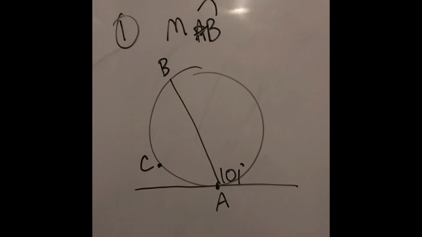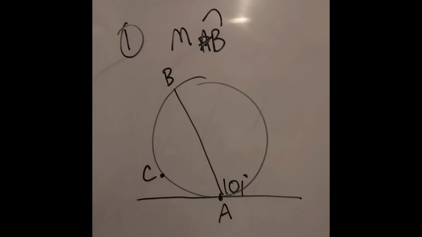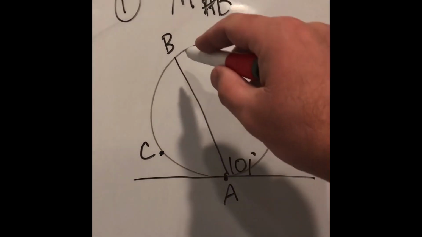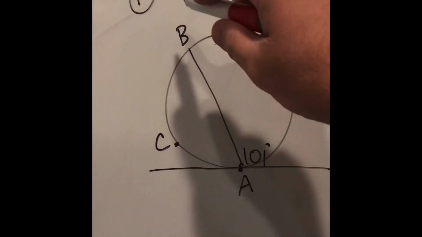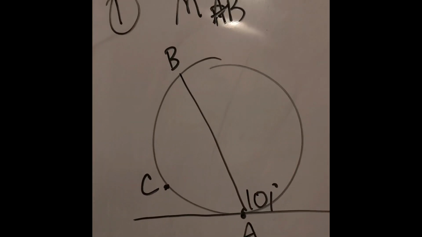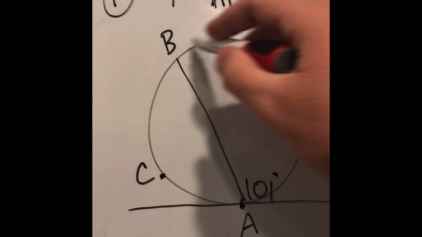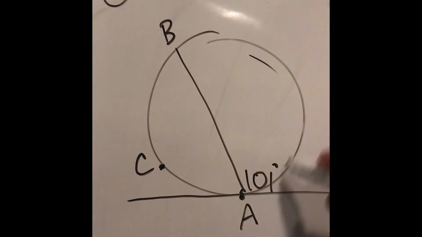Okay, so we're going to do some of the problems here from section 10.5. All right, this first one is made up of a tangent right here and a chord. This is a tangent chord angle, so we know it's going to be half of the arc it intercepts. Now this is kind of a bad question, because they want to know what this arc AB is, not this arc.